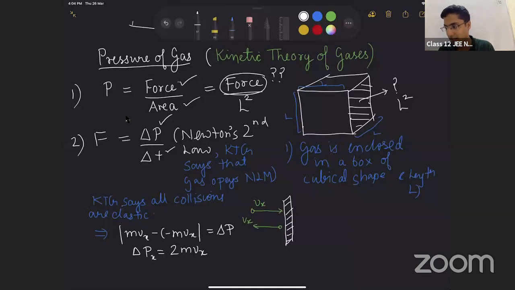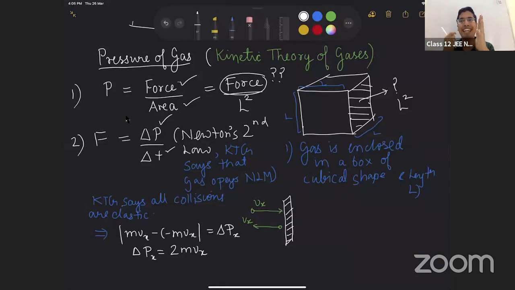This is delta px. Okay, understood this? Click yes if you have understood this. For those who have not understood this, think of this. This is the wall. It's hitting it with Vx and coming back with Vx.